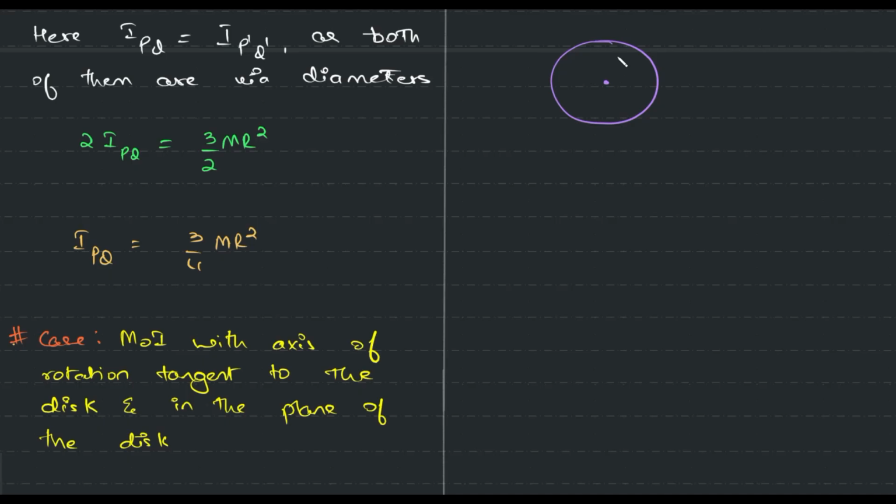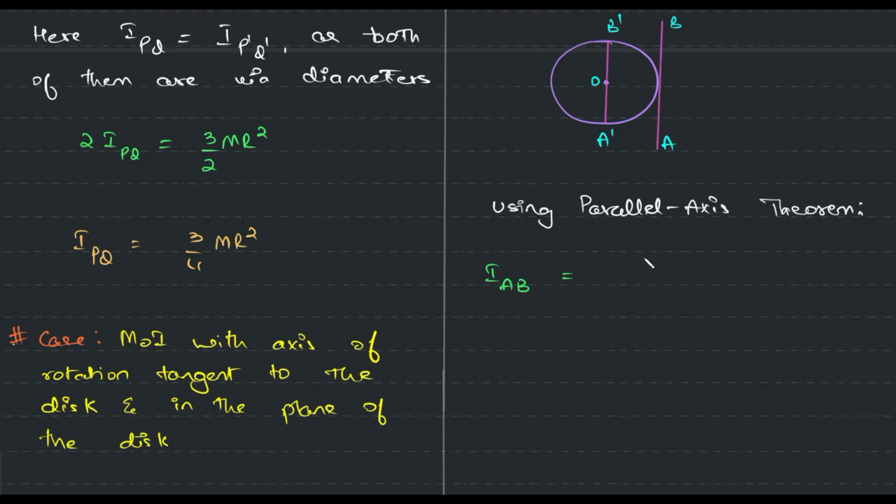So we know about the moment of inertia along the diameter, and now we're looking at a line like this. So we have AB, so we have A dash B dash through the center O. So using the parallel axis theorem, moment of inertia along AB will be equal to moment of inertia along A dash B dash plus md square.